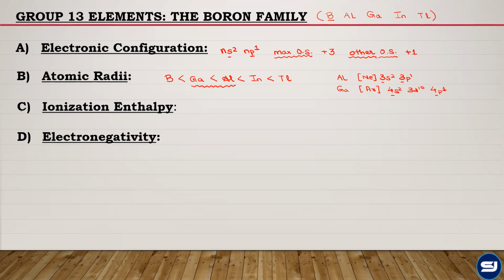Then comes ionization enthalpy. Even this as a property for specifically boron family is very important. Can you tell me the trend or the order? Boron is highest, followed by thallium, then gallium, then aluminium and then indium.